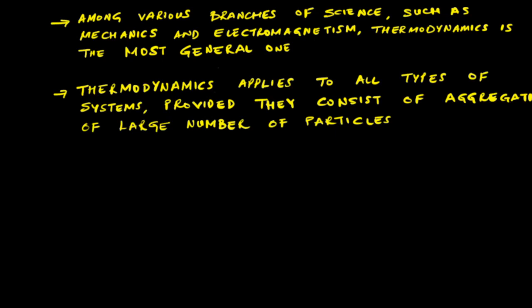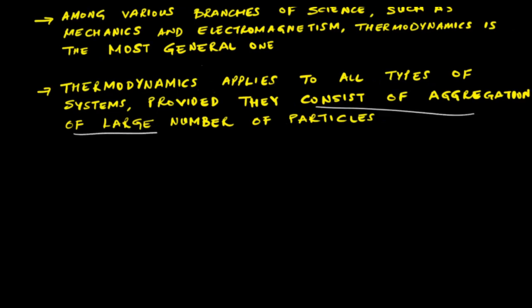Thermodynamics is the most general of all the branches of physics, and in fact it applies to all types of systems provided, and this is important, provided they consist of aggregates of a large number of particles. And this is where thermodynamics comes into the picture.